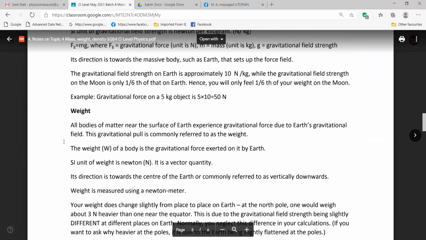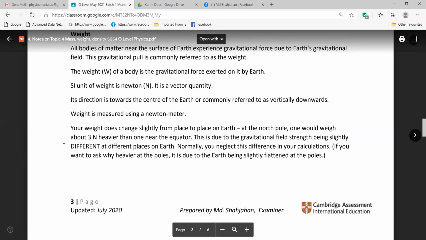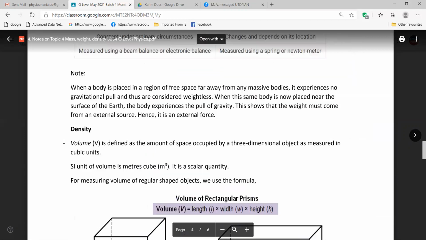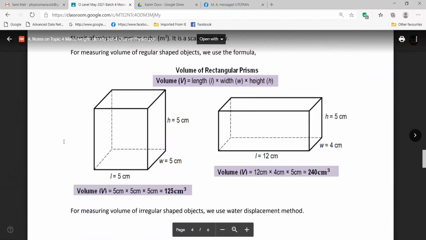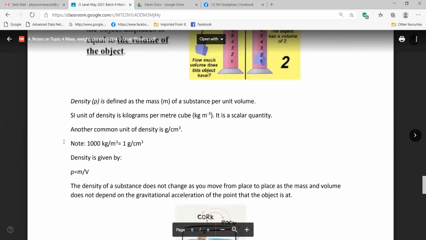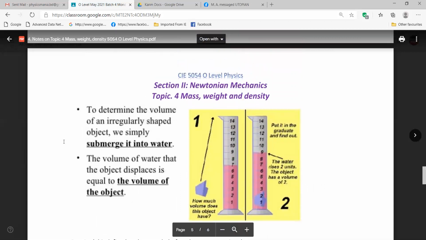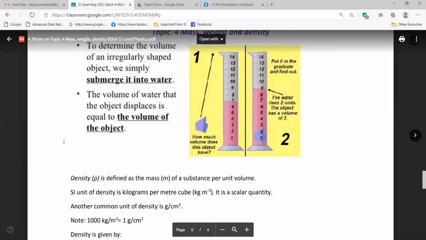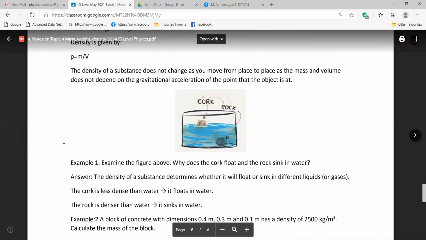Gravitational field strength, then weight formula, then density, regular shaped objects, how can we measure the volume using the formula. Then we have one example here. Yes, sir. I know it. The water displacement method, I just explained it. Yeah, just now you did.